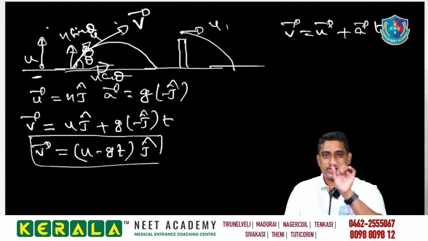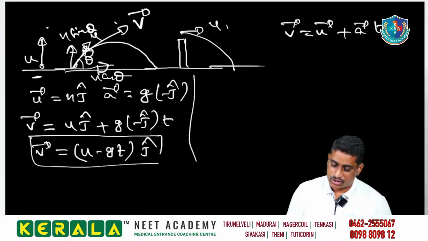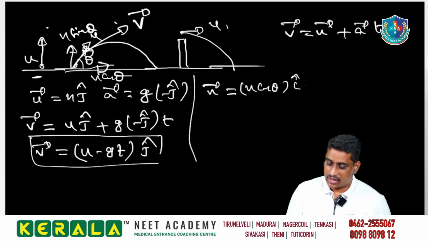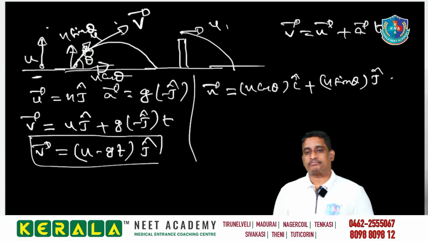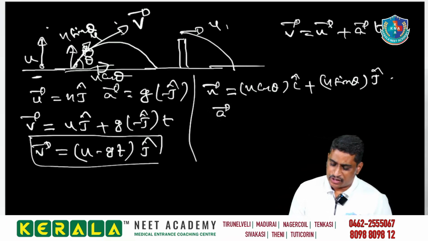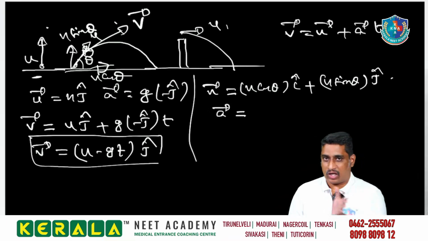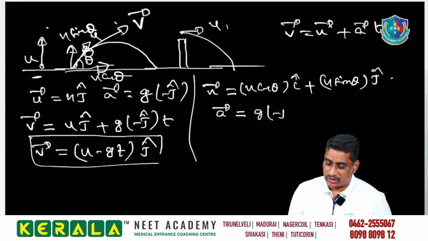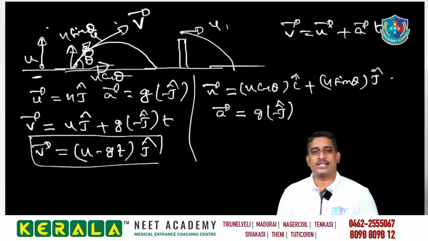Therefore, in oblique projection from the ground, the initial velocity can be written as u cos θ î + u sin θ ĵ. This is the initial velocity. And the acceleration is the acceleration due to gravity in all three cases, acting vertically downwards, so −ĵ.